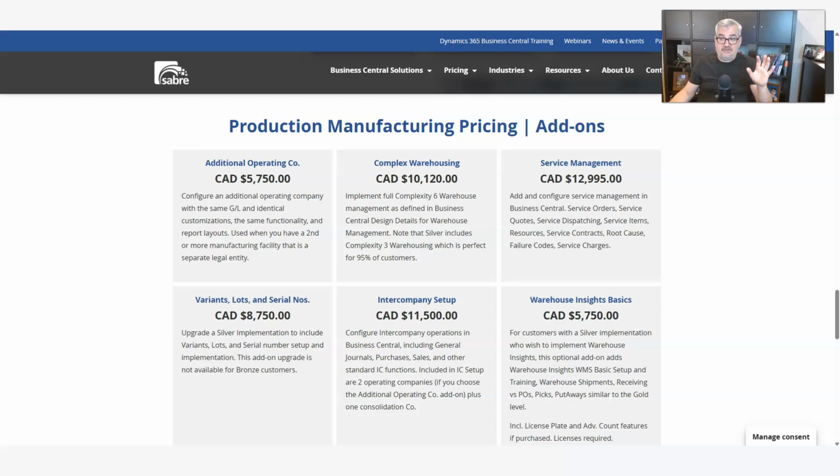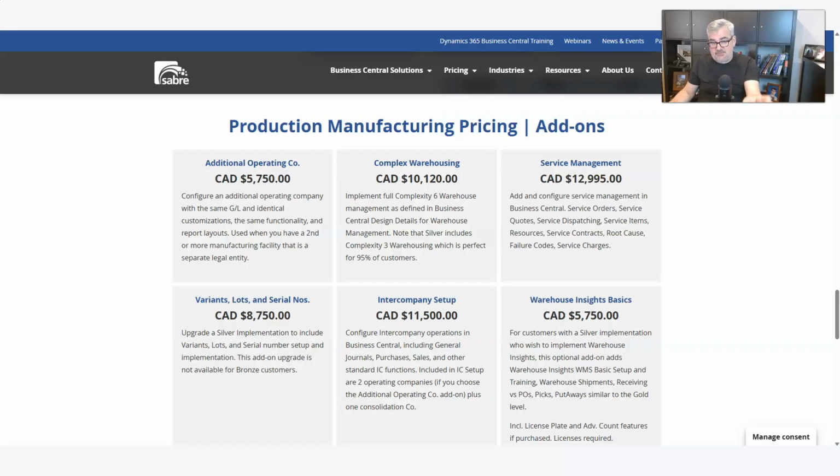Now, one rule of thumb about the additional operating company is the two businesses have to be doing more or less the same manufacturing type. So if you had one operating company that was an engineer to order and one that was a production manufacturing, we'd have to do a custom quote for you. But if you had two production manufacturing companies that just made different parts, it would be covered by picking a bronze, silver, gold production and then additional operating company for each additional company.